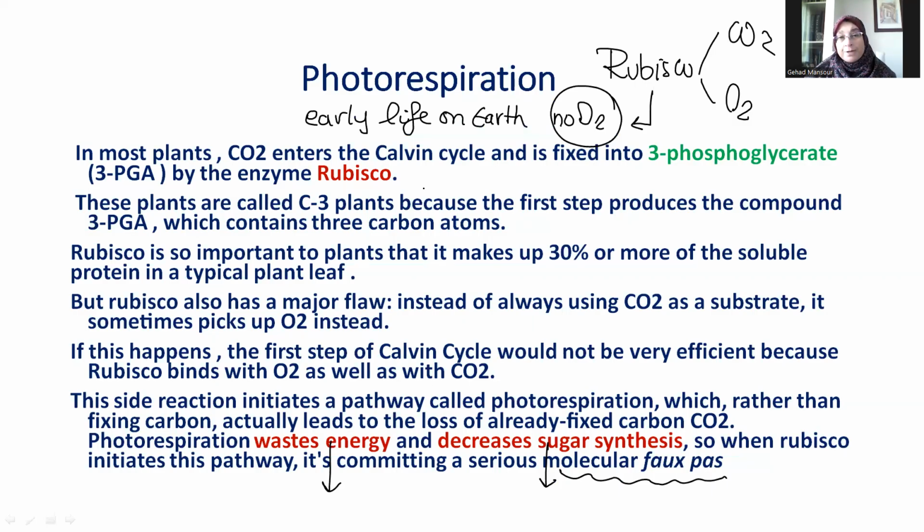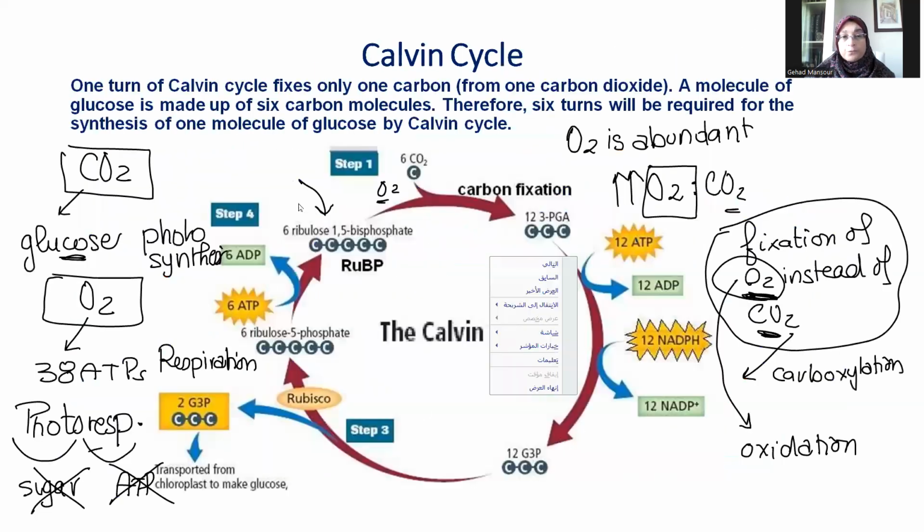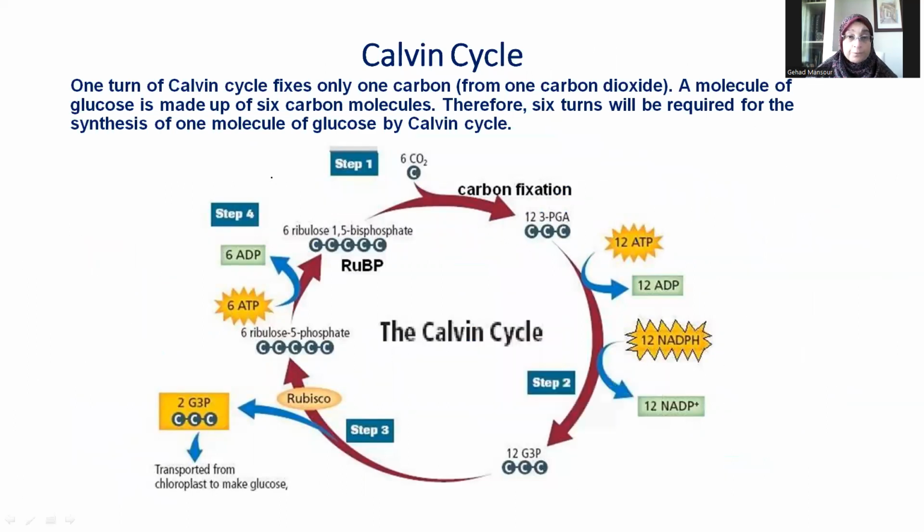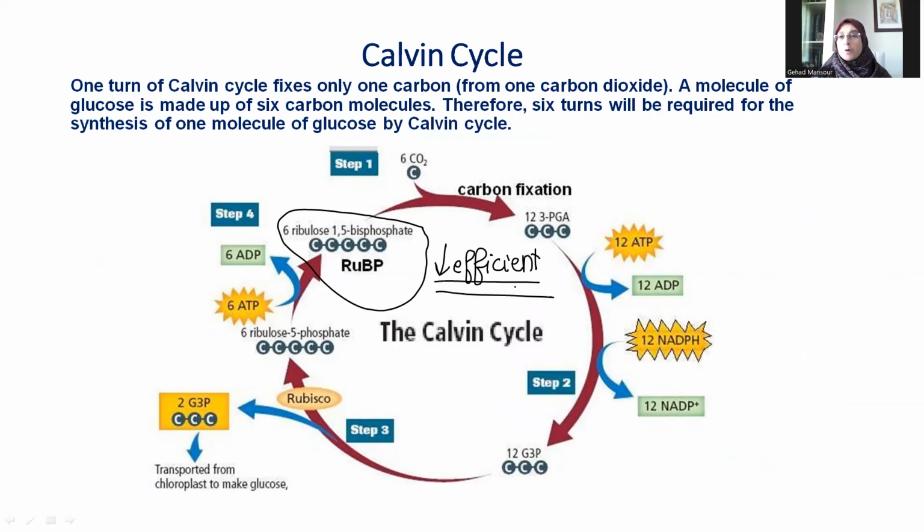Of course, when photorespiration occurred, this results in the fact that this first step of photosynthesis, which is fixation of carbon dioxide using ribulose bisphosphate, would be less efficient. Why would it be less efficient? Why don't we say, for example, that it stops or it is not efficient at all?